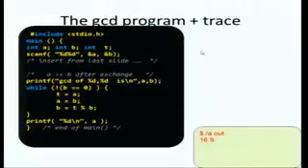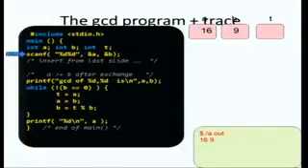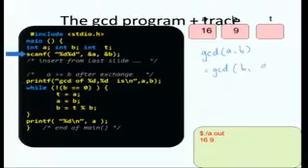Okay. Recall the equation was written as follows. Recall that the equation was GCD of A, B is the same as GCD of B, A modulo B. Okay.